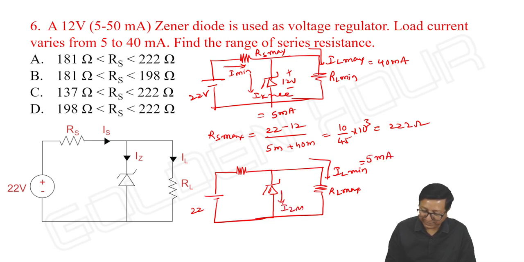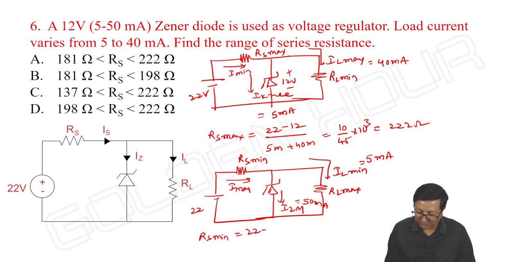This is IZM, means I maximum, and RS is minimum. IZM how much? It's 50 milliamp. So RS minimum is equal to (22 minus 12) by (50 plus 5).